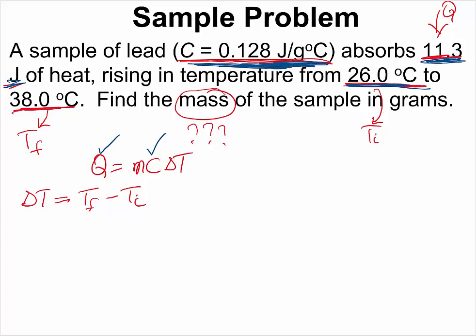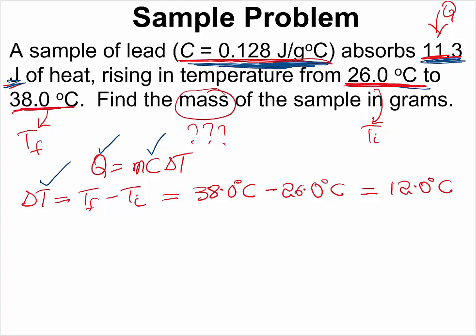If you plug in the values given in the question, that would be 38.0 degrees Celsius minus 26.0 degrees Celsius, which works out to 12.0 degrees Celsius. So we know delta T.